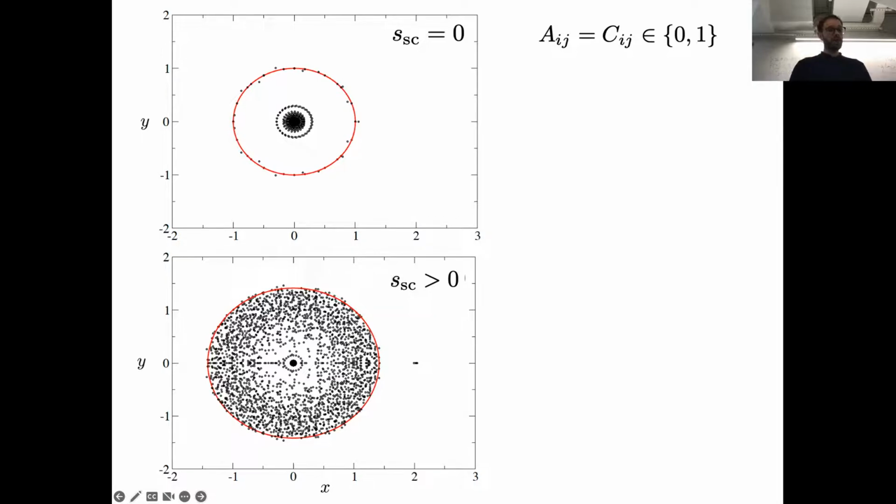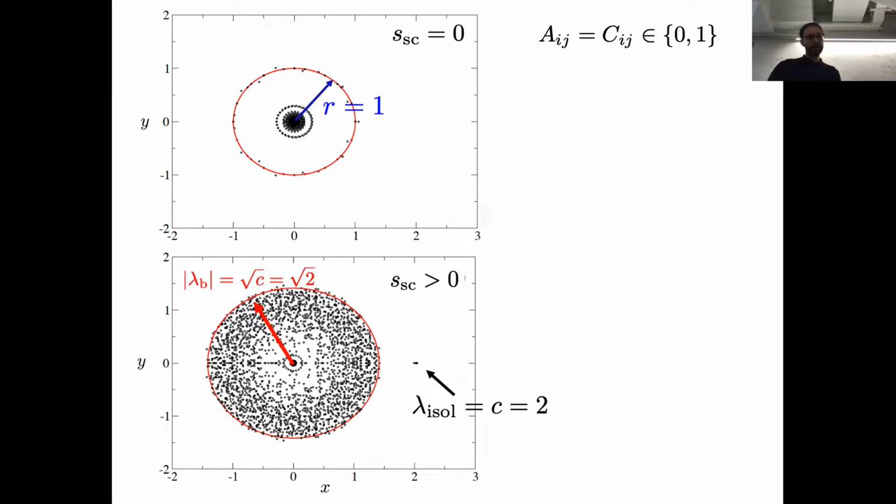Above the percolation transition, you have this continuous spectrum, at least in the infinite limit. This continuous spectrum in the disk exists. And we have these outliers, which are lonely outliers outside the disk. So this has exactly radius 1, because these are the cycles. This is C is 2, this is the outlier located at 2, and this is exactly square root of 2, because mean degree 2.